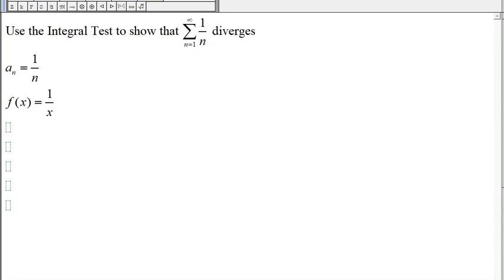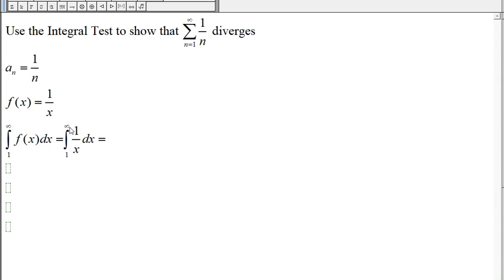So now we need to form the corresponding integral. We want to show that this integral right here converges: the integral from 1 to infinity of f of x dx, which is equal to 1 over x.